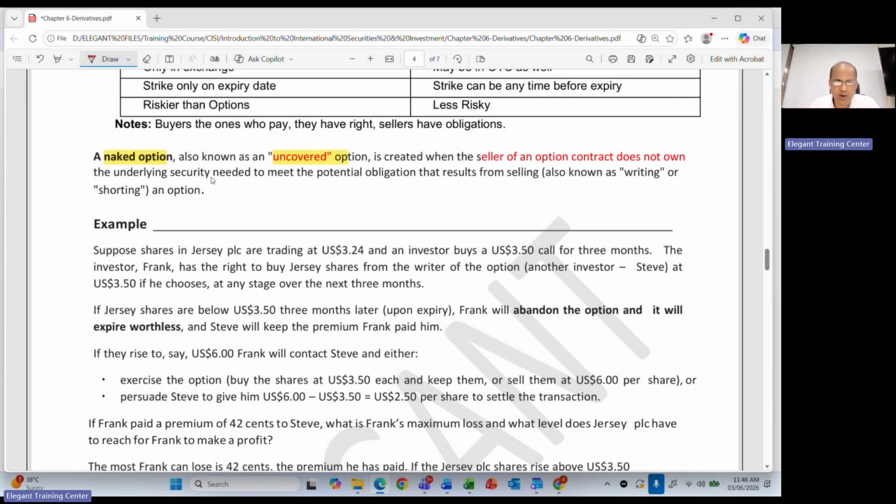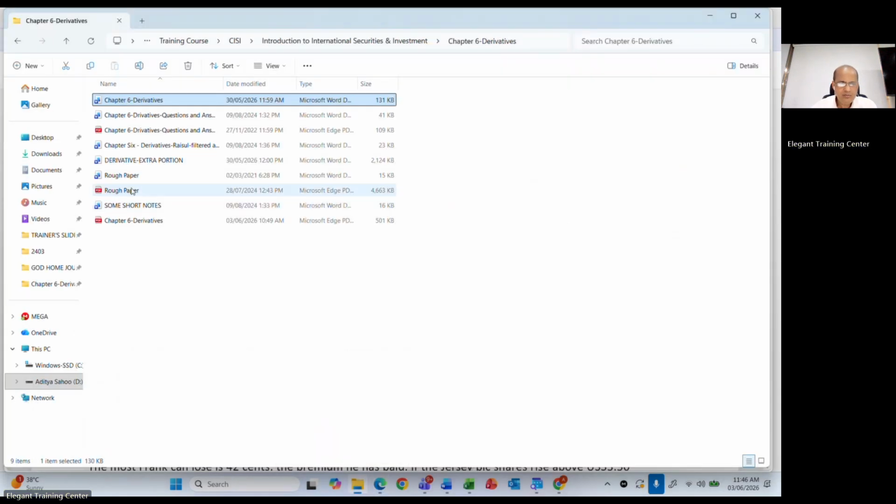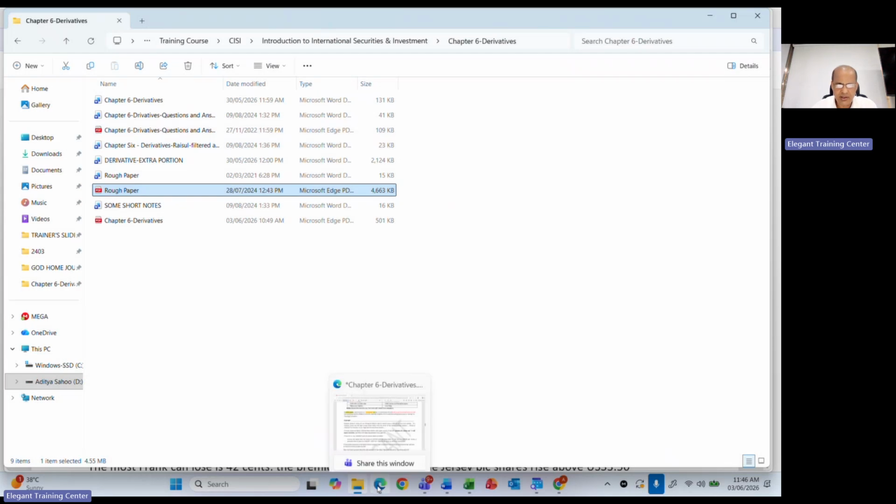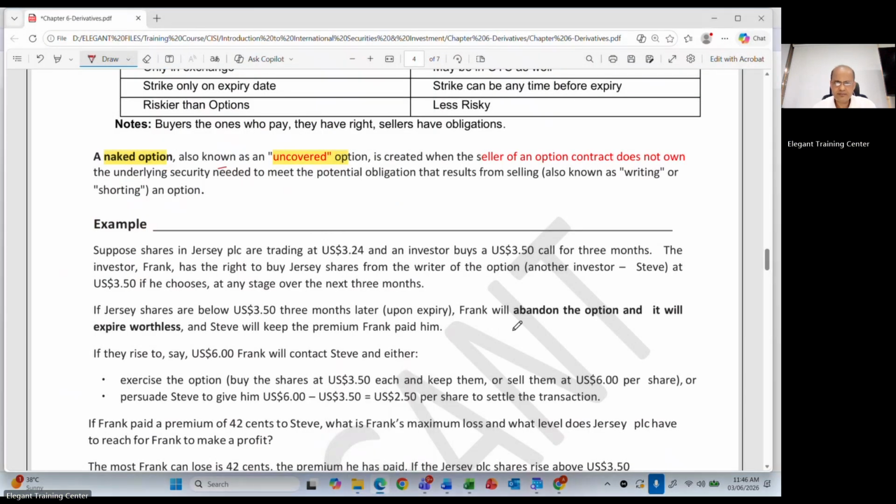Now, what is an uncovered option, also called a naked option, right? Let's, for example, take a rough notebook. No, that's okay. We can do it here itself. Suppose you have got a call option, let's say a right to buy, right?